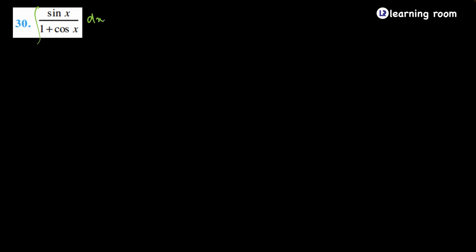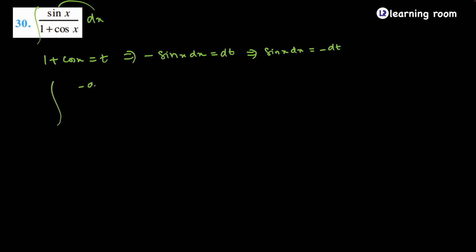So what we can do here is take 1 plus cos x equal to t, which implies minus sin x dx is equal to dt. Am I right? So what will be the value of sin x dx? Minus dt. So in this problem, the integrand is minus dt divided by t. So what is the integral of minus 1 by t?